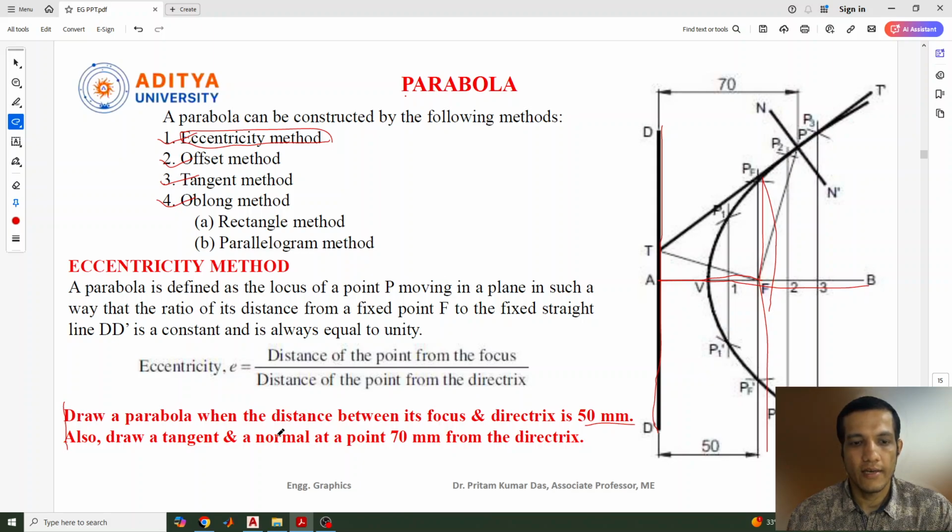So it's quite simple. The distance is given, so we need to take the distance from this directrix point to any one point of this and join the focus and draw a 90 degree line from here. Like from here to here you draw a line of 70, take any one point on this arc and join the line to the focus point, and then draw a perpendicular to this, and from there we can join that.